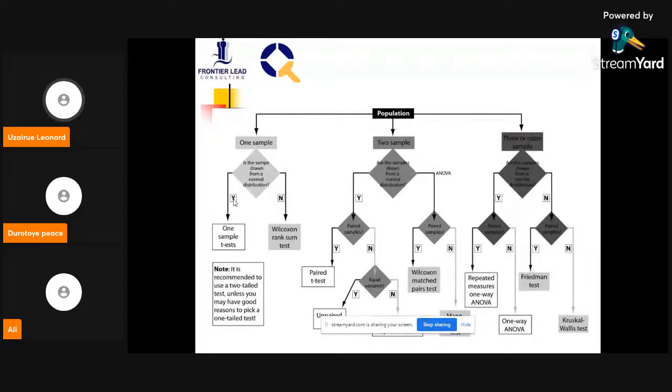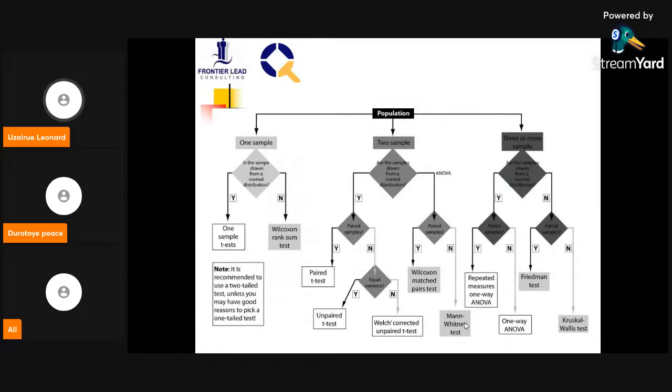Now, if they are not paired, but they have equal variance, then you will run what we refer to as unpaired t-test.